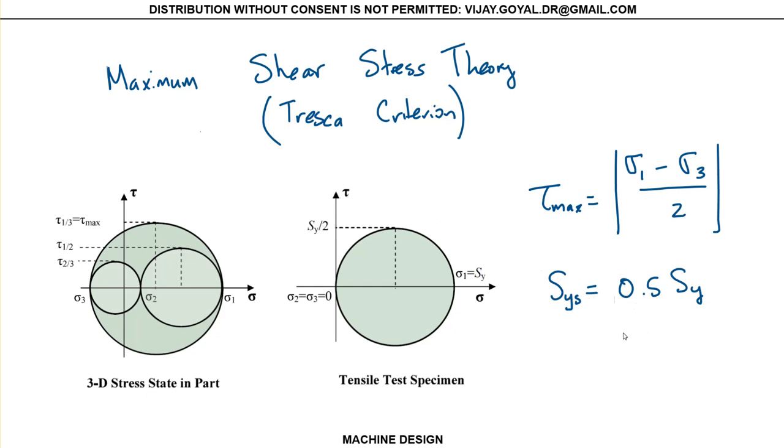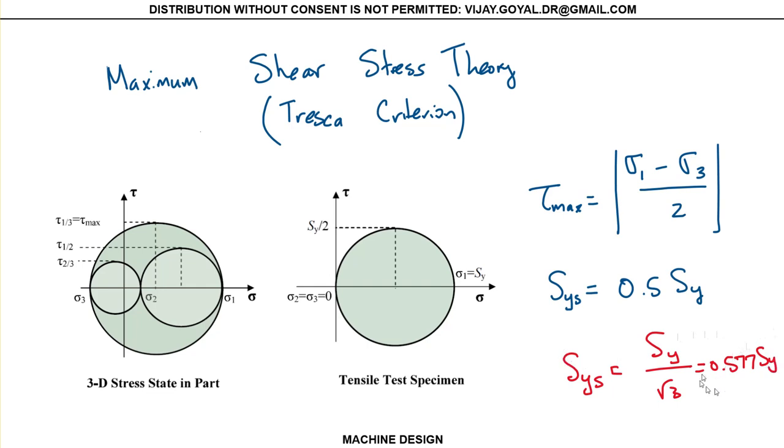Later we will learn other options that we get by using distortional energy, where we can show that this can also be sigma yield divided by square root of 3, which gives you 0.577 sigma yield.